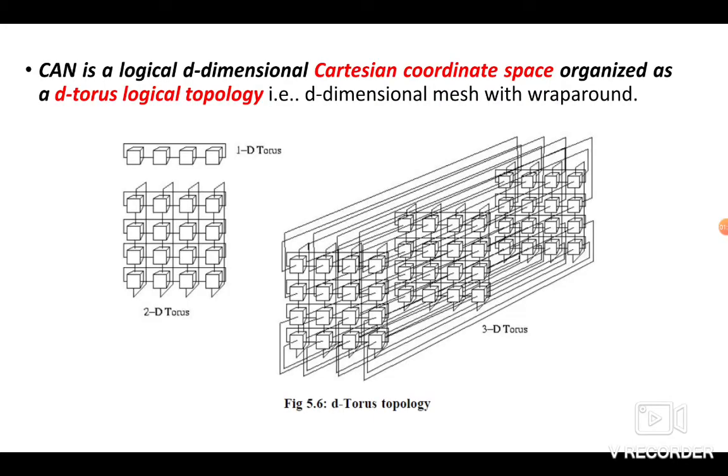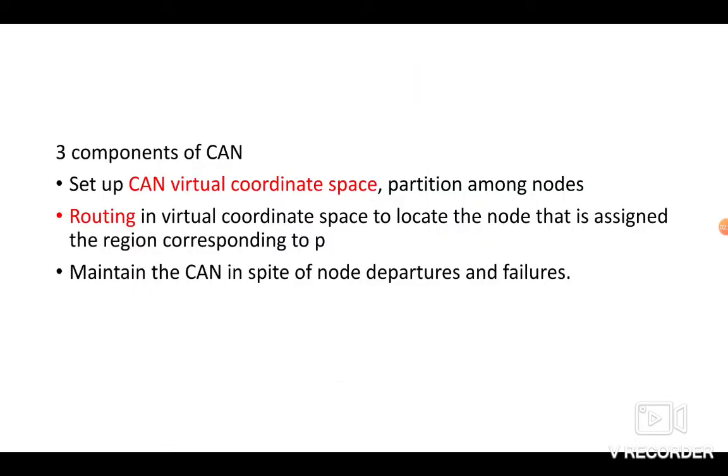Usually CAN is a logical d-dimensional Cartesian coordinate space, and the space is organized as a d-torus logical topology. You can go with a one-dimensional, two-dimensional, or three-dimensional torus. The d can take any dimension.